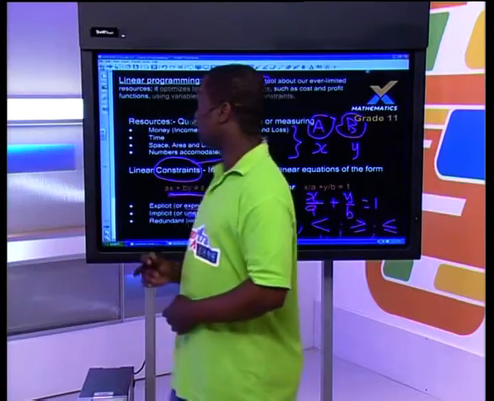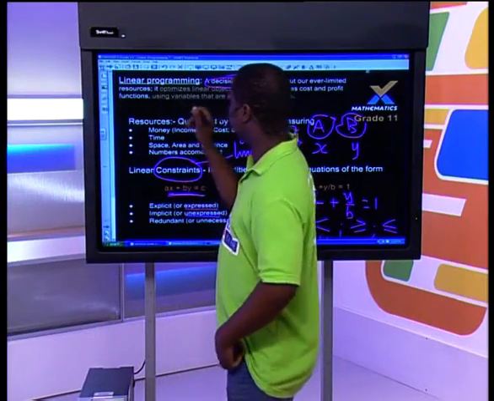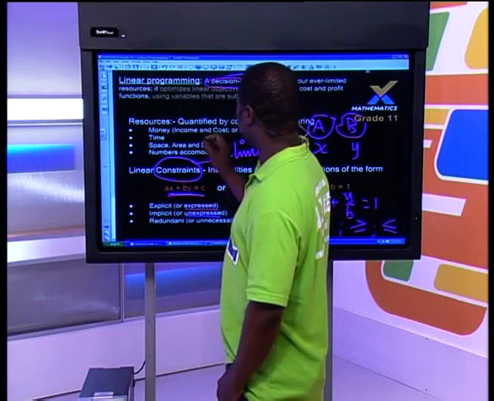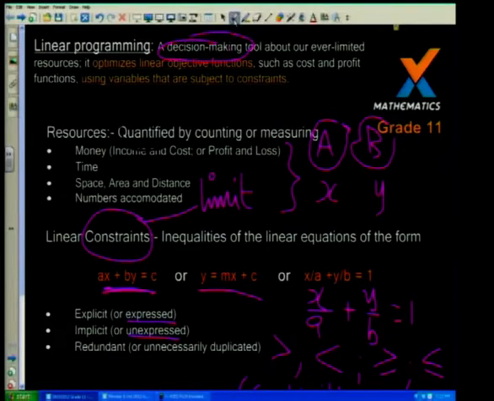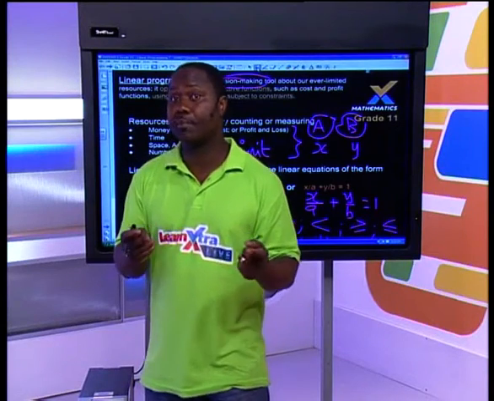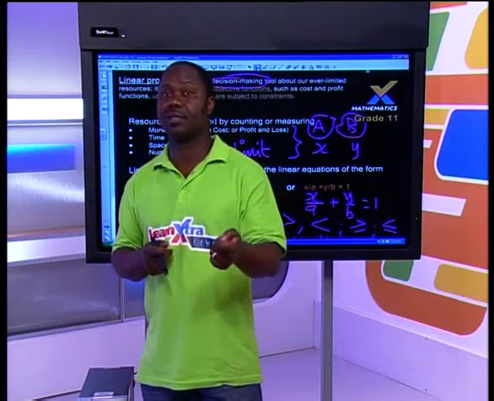All right. Basically, when I define linear programming here, with the resources, you have to check your quantities, which can either be counted or measured. It's going to be up to you now to say, can I count temperature? No. You will have to measure it with a thermometer.